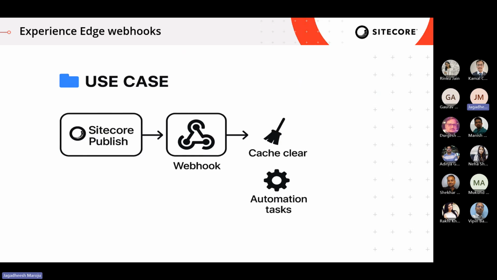So clearing the cache or regenerating this page in headless Next.js can be done by this. As and when the Sitecore publish job is done, we can take those items and call that Next.js revalidate API to revalidate the cache of that page so that the page content will be updated. That's one of the most used use cases where we can use Edge webhooks.